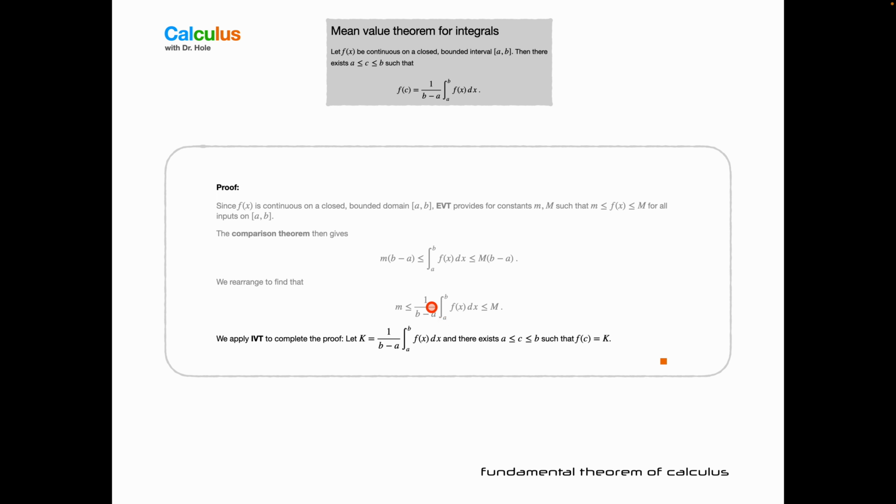And then this expression here, we can let k equal this value that sits between little m and capital M. And then, since f is a nice function that we can apply IVT to, we can conclude that there will be an input which provides output exactly equaling k, and that is exactly the statement of MVT for integrals.